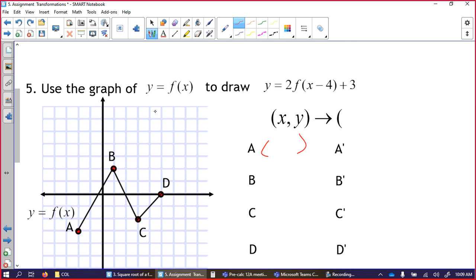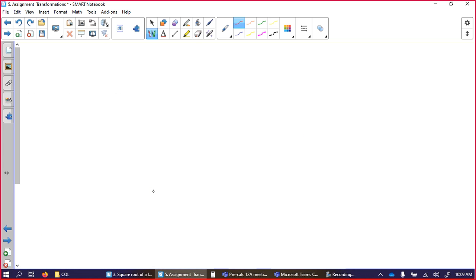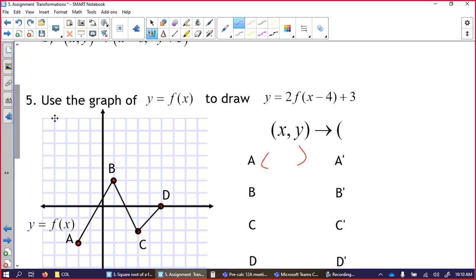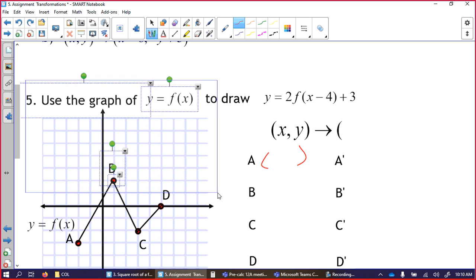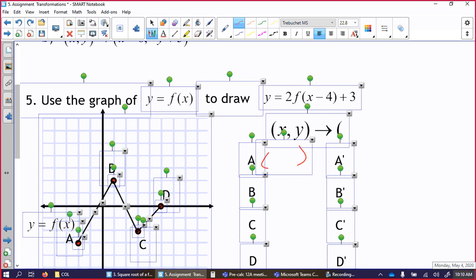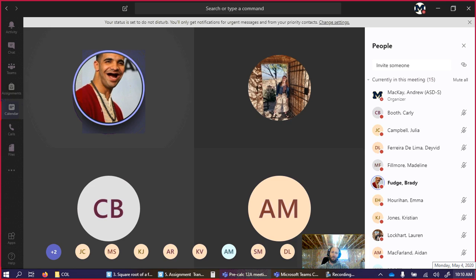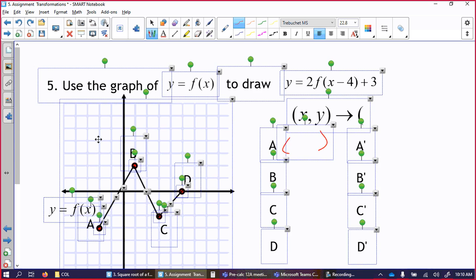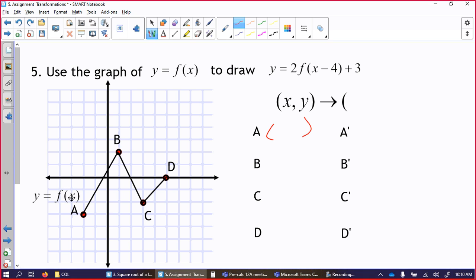So if I don't want to use the exact same thing, can I just select most of that? Copy it and paste it. I'm going to get rid of the lines because I don't want them right now.